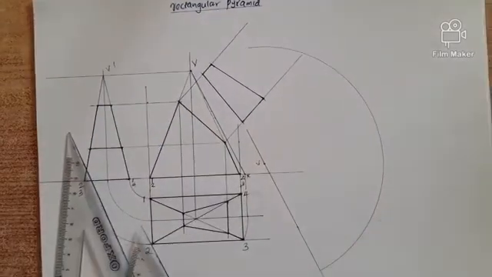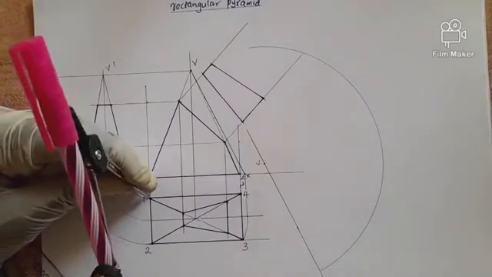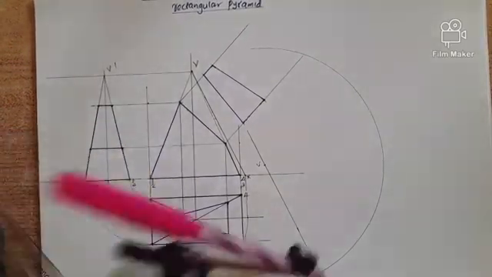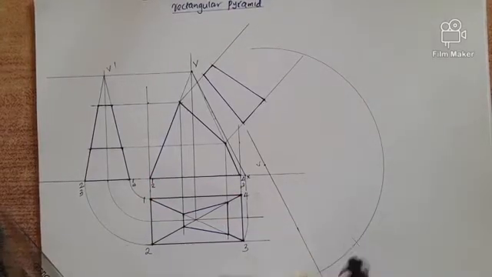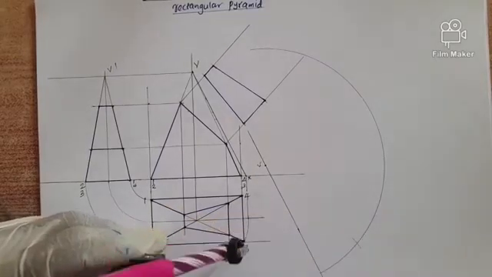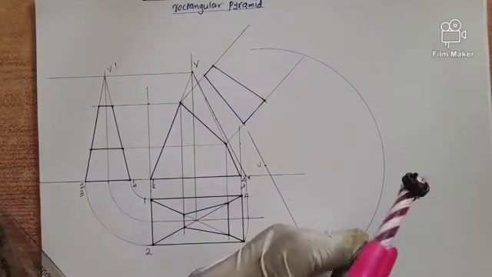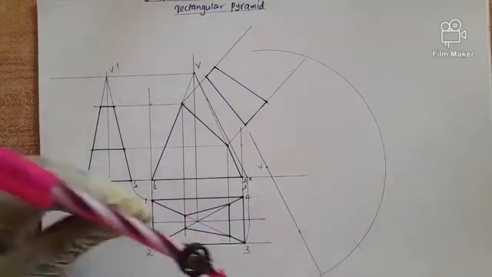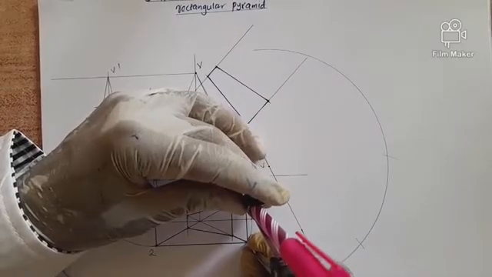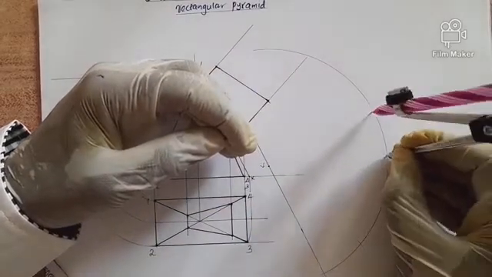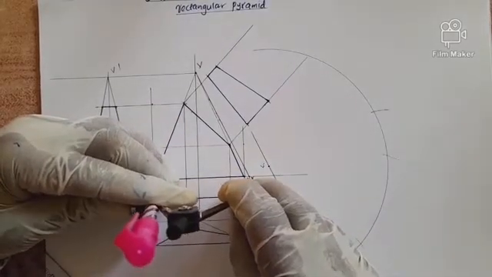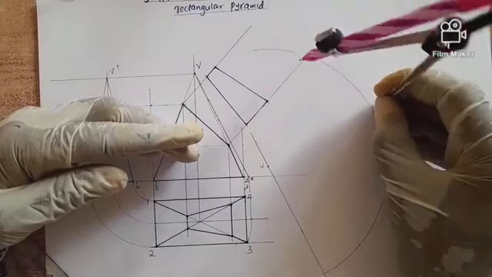Having done that, we take 1, 2, 2, 3, 3, 4, and 4, 1, and transfer these measurements. We first transfer this, and then take 2, 3. We are opening up to form a net. We make an arc. Next is 3, 4, we make an arc, and lastly 4, 1, we make an arc.